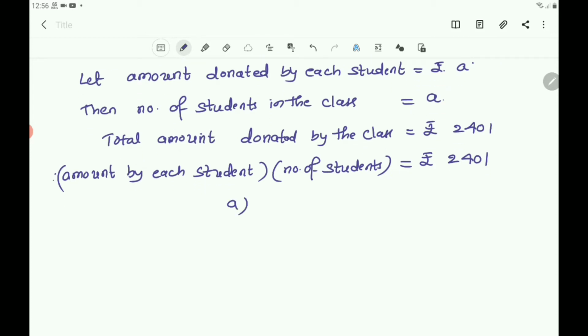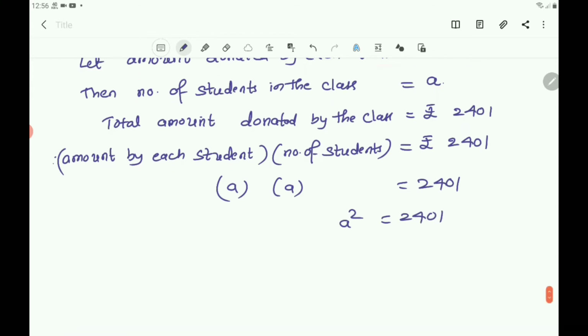That is, A into A equals 2401. So A square equals 2401. Then A equals, you take the square root on both the sides.